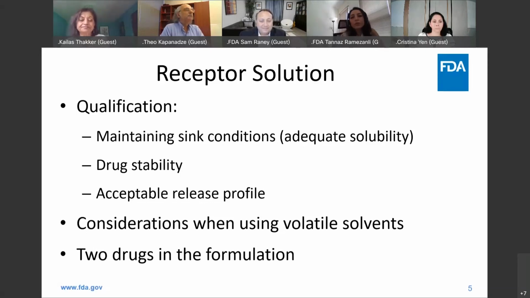So we just received a question from the audience: if you use one IVRT method for both APIs, are you violating Higuchi's equation? Not necessarily, because you can pay attention to the percent of dose depletion and stay on the lower side.